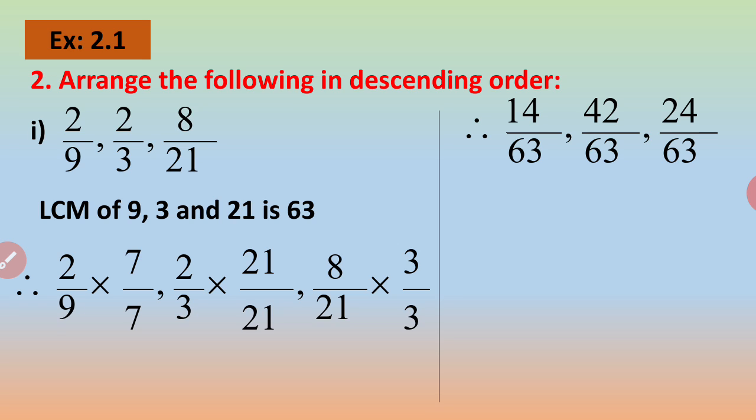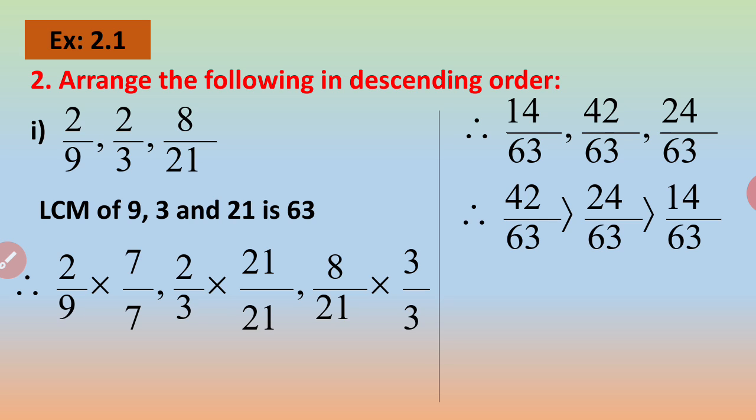Now, whatever numbers we have got, that is 14 by 63, 42 by 63 and 24 by 63, it is now very easy for us to decide which one is greater and which one is lesser. We are now going to write them in descending order, so we'll always start with the largest number. So it's written in descending order, 42, then 24 and then 14.